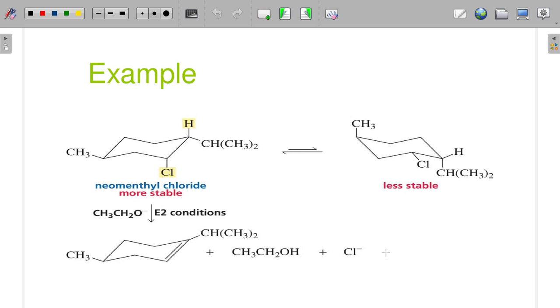And don't worry about this. All right, here's where this gets to be interesting. When I have that chlorine leaving, if I can get it in the axial position, I need a hydrogen that's adjacent to it, that's also in an axial position. Because of that, this particular reaction could happen where the double bond goes either way. Now, it will favor this because this had just one hydrogen. This one technically has another hydrogen.